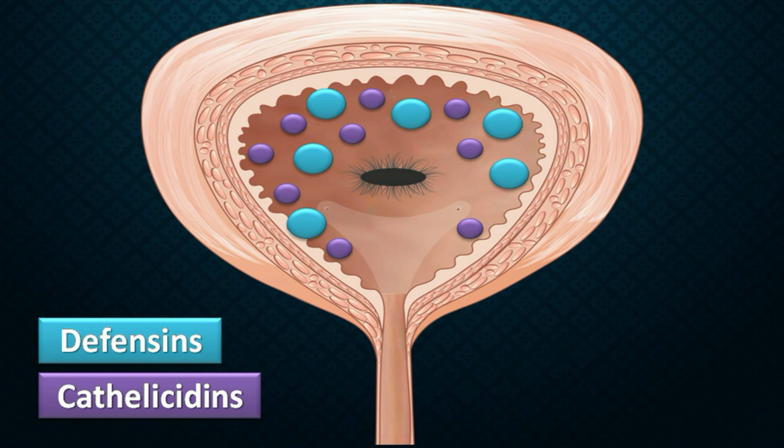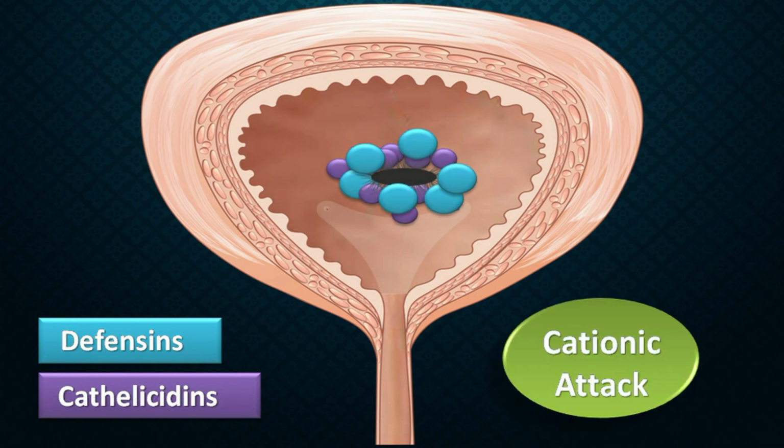Now these two peptides launch kind of an attack, what's called a cationic attack, on the bacteria, and they surround the bacteria from all sides, and then the bacteria cannot get attached to the bladder wall, and it is thrown out in the urine. It's a very powerful defense system in the human body, the antimicrobial peptide.